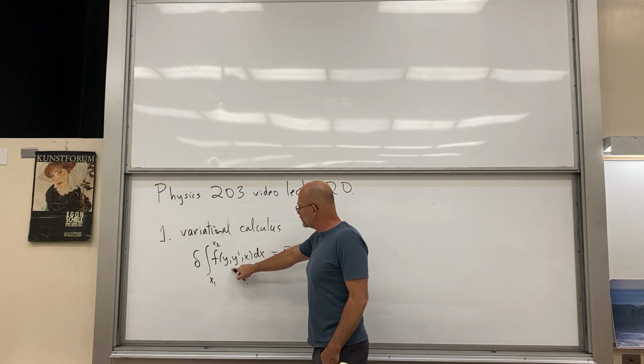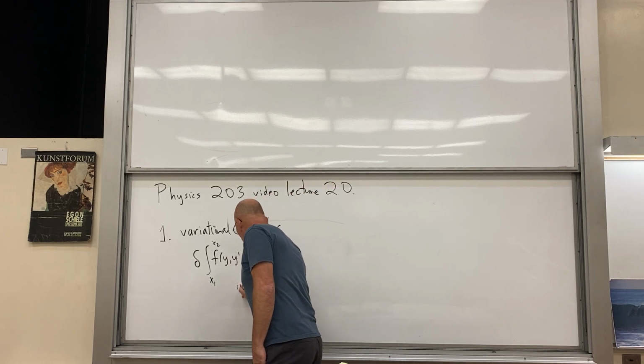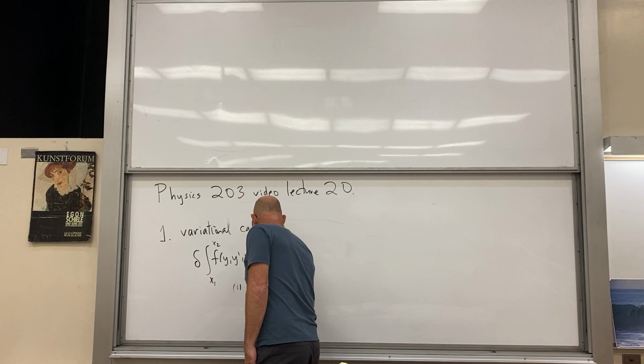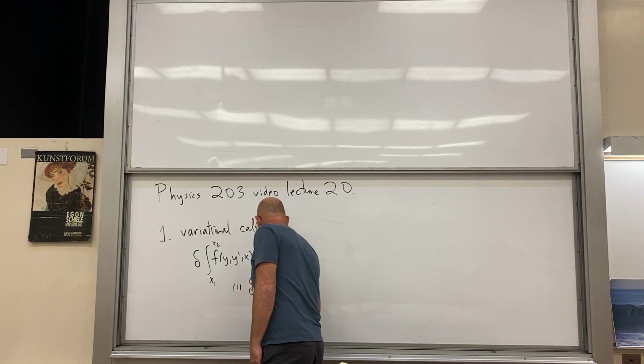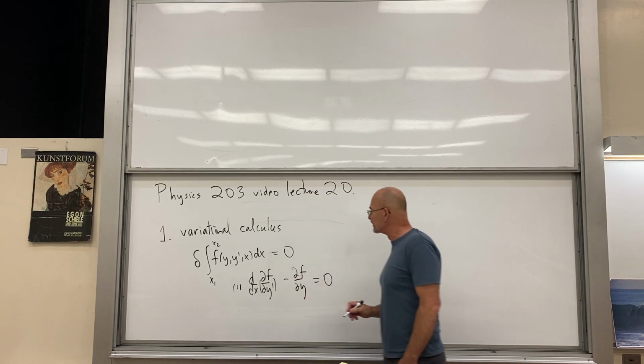we have 2 main consequences. First of all, the Euler-Lagrange equations, so d/dx of the partial of f with respect to y prime, minus the partial of f with respect to y, is equal to 0.